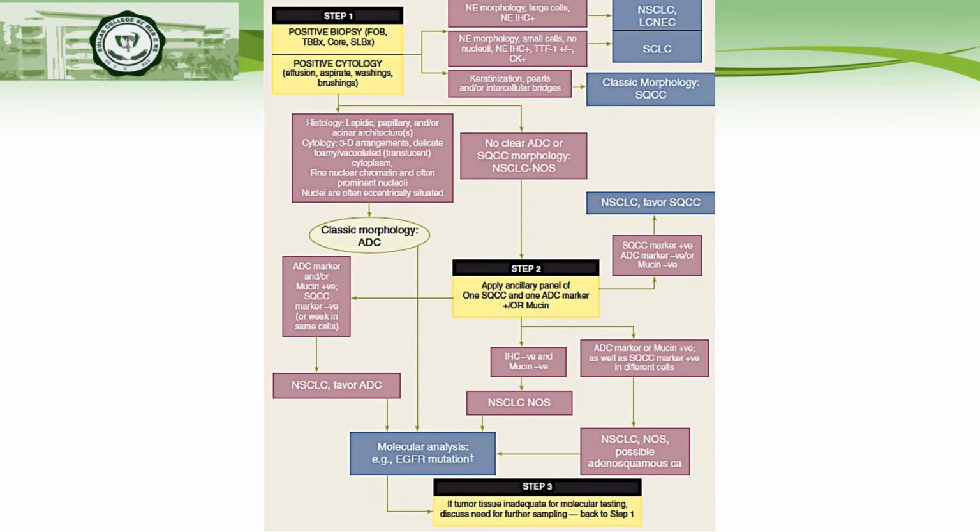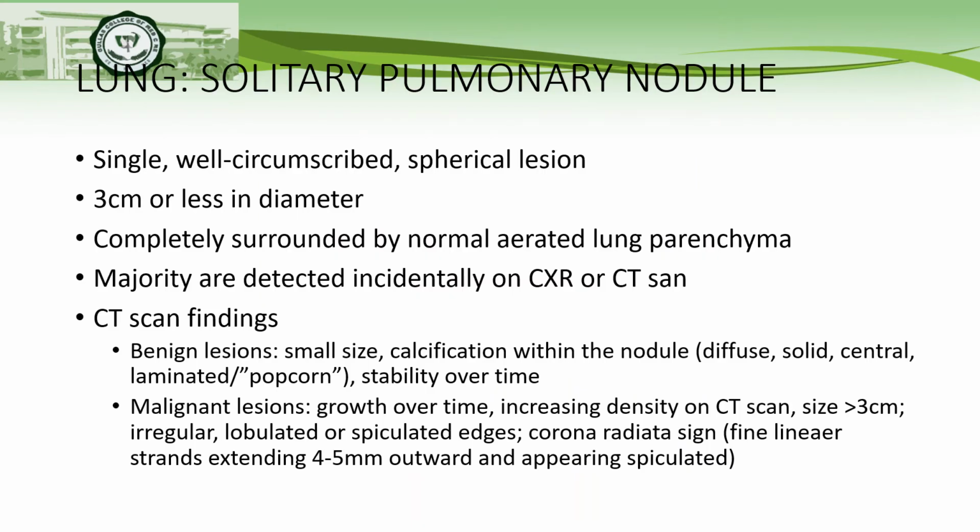The gist here is that biopsies are important to provide a clear diagnosis, and in lung cancer, ancillary panel and immunohistochemistry staining are important to clinch the diagnosis since the behavior of the different malignant lesions and their management differ.